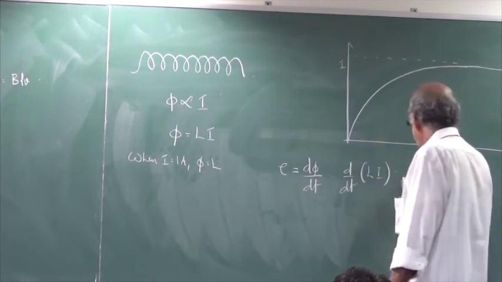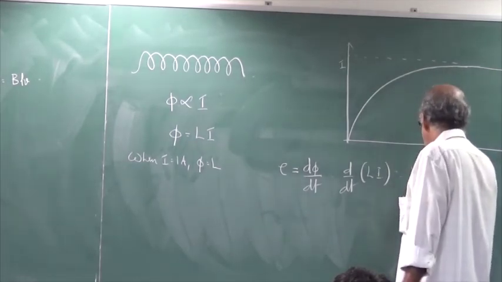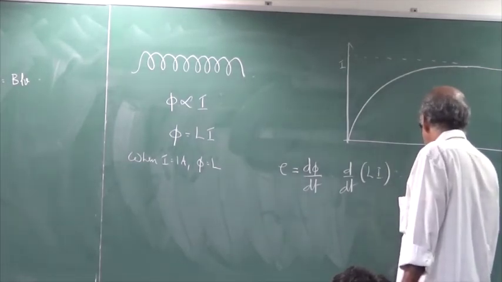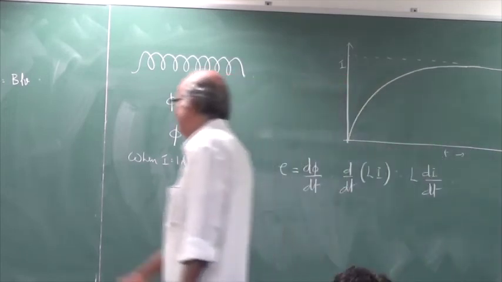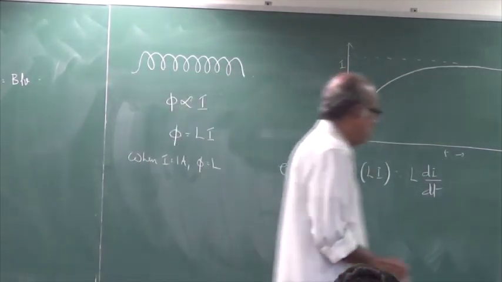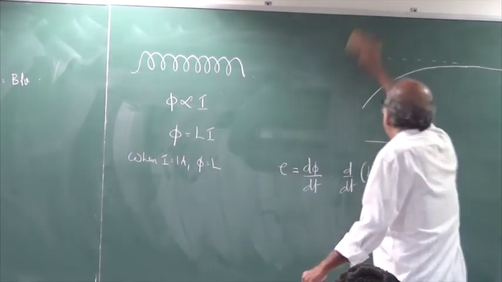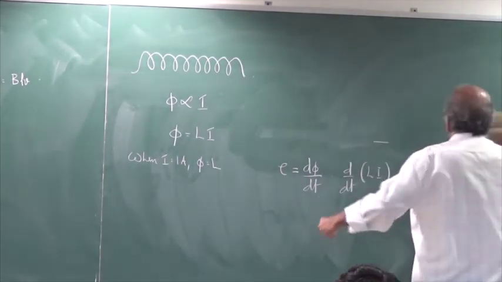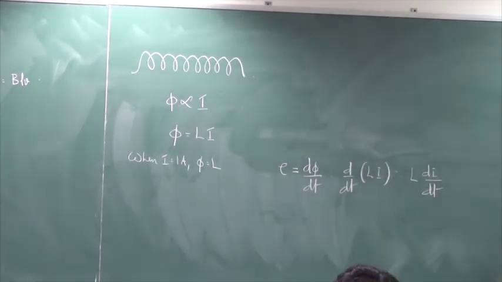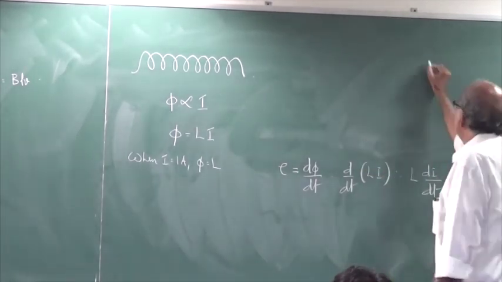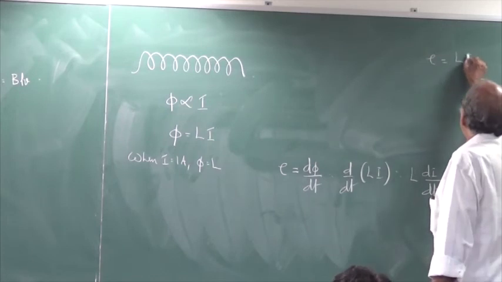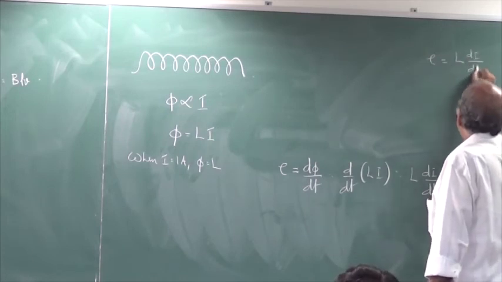L is a constant, so L di by dt. So you see, you have another relation here to define self-inductance. E is equal to L di by dt.